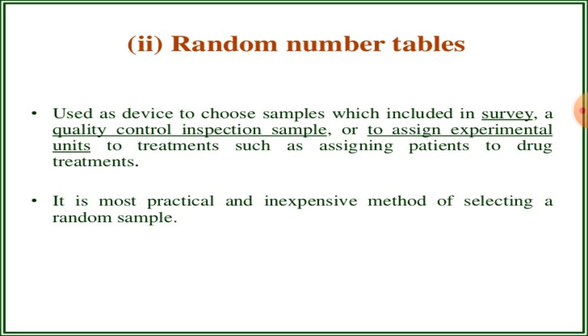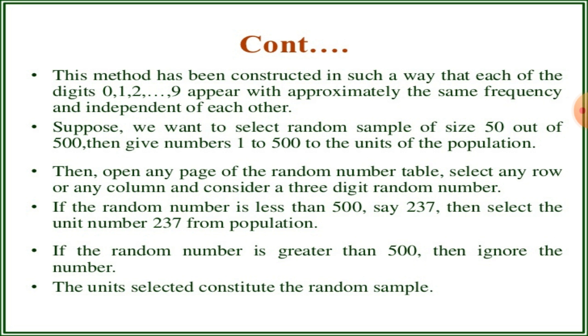The random number table method of sampling is the most practical and inexpensive method of selecting a random sample. This table has been constructed in such a way that each of the digits from 0, 1, 2 up to 9 appears with approximately the same frequency and independent of each other.